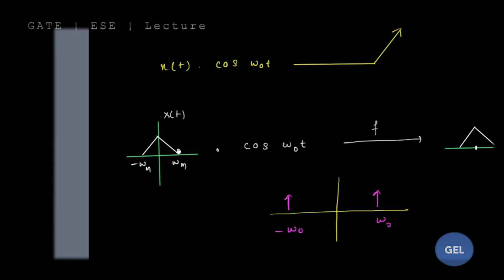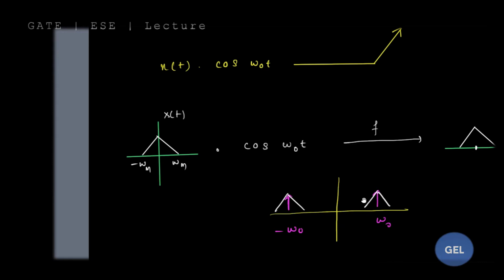Now if you multiply some function x of t with this cos omega naught t, that means this function will be defined at this value and at this value only. This is the concept of frequency shifting, and this is what we call modulation, which we will discuss in detail in the communication subject.